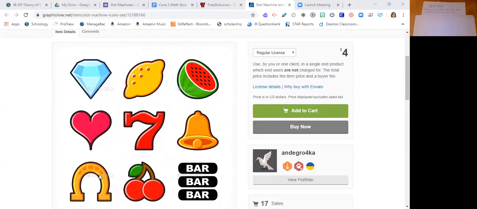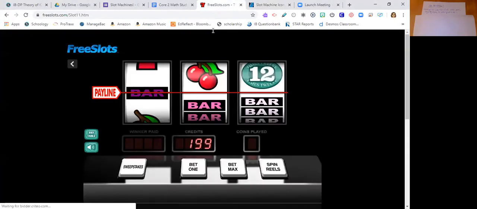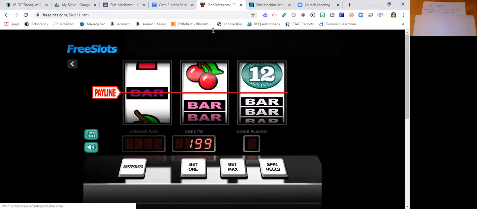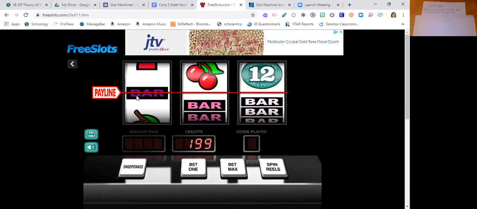So what do I mean by coming up or being lucky? Let me show you. It's called free slots, and yes, you can play for free. This is a virtual slot machine, something that you would see at a casino. Down here, this is the pay line.